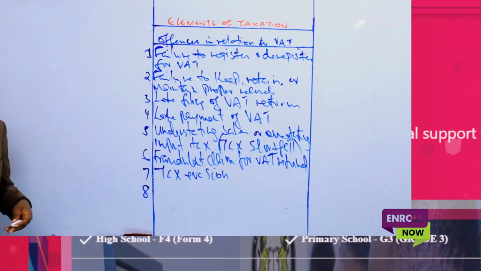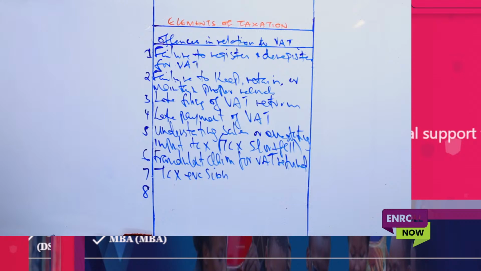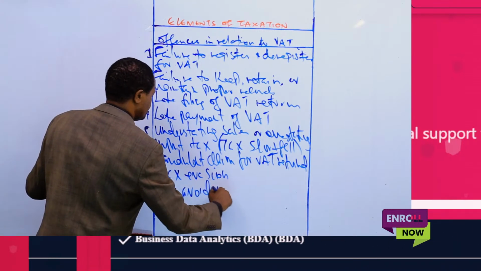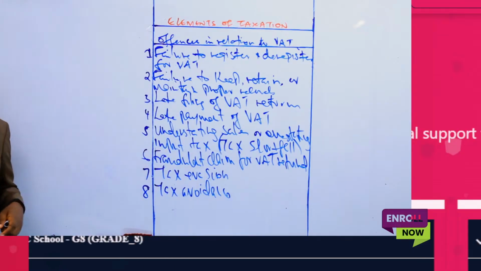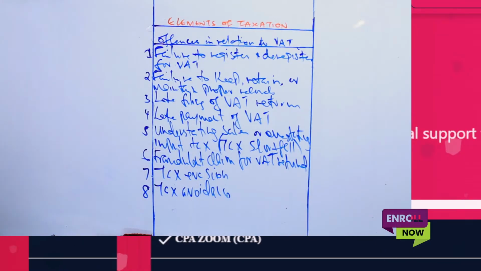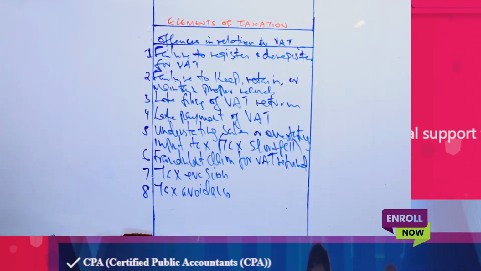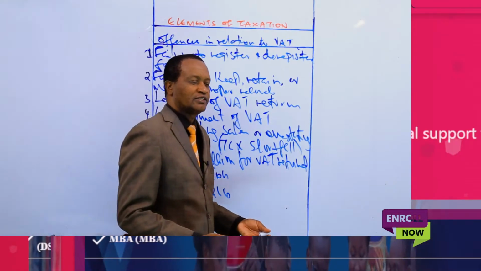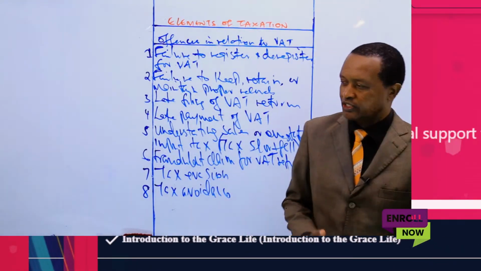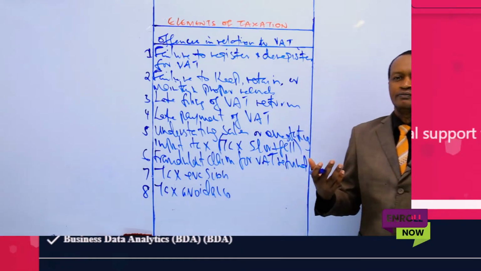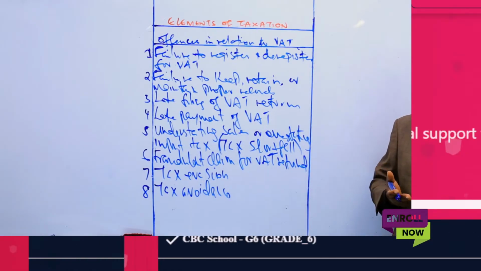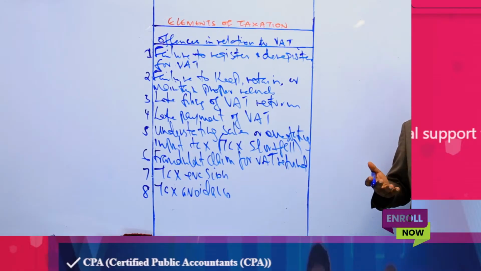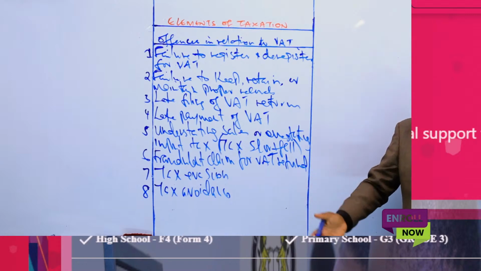Offense number 8 is tax avoidance. Avoiding tax is also an offense, and this could be due to aggressive tax planning. And while you know, candidates, tax avoidance is illegal, you can avoid tax through proper tax planning. Avoiding tax is legal when structured within the confines of the law.